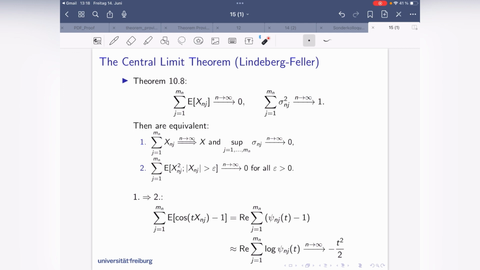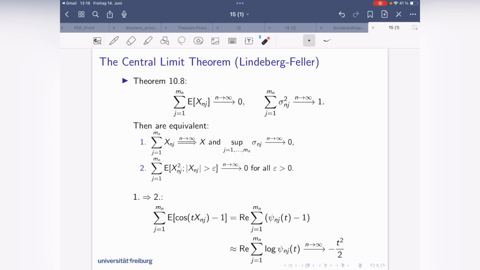I can write it like this, the characteristic function and the real part of it. What does the real part do? The real part of the expectation is the expectation of the cosine of tX_nj on the one hand, minus 1, I just write down, and then the psi here is close to 1, as we said. Looking at the next term, I have the logarithm of psi_nj of t.